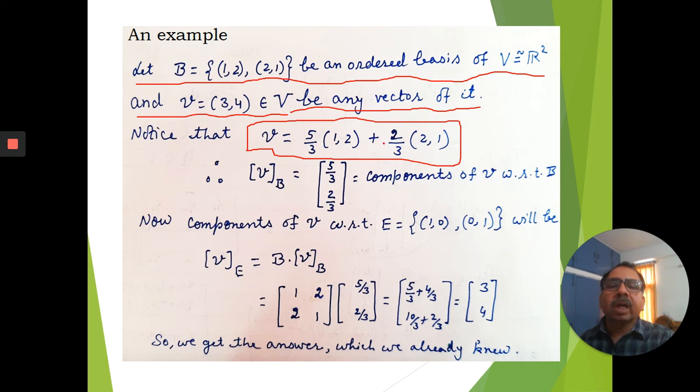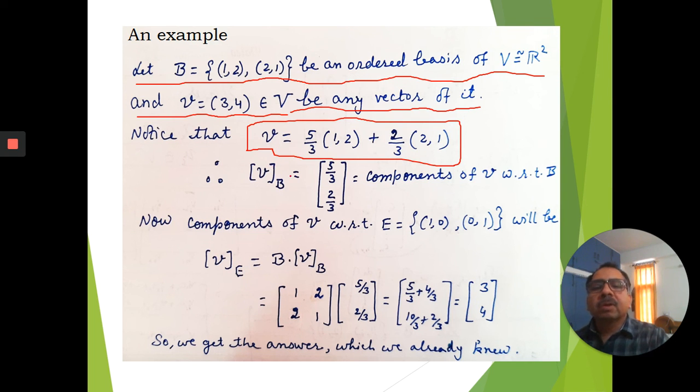So if you multiply and add component-wise, you will see that V is 3, 4. Now for this V, I want to find its components with respect to the standard basis.